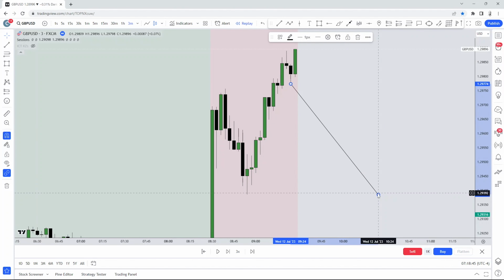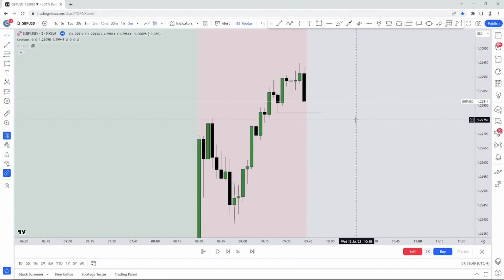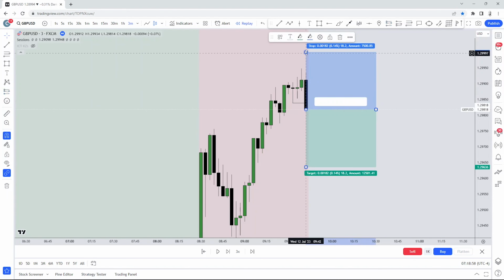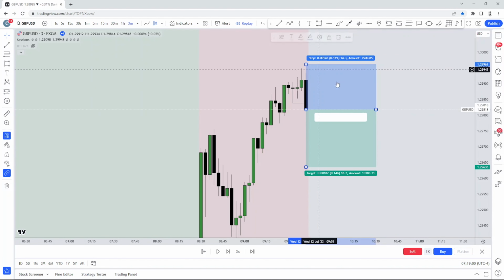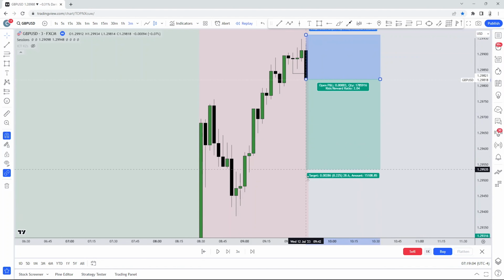Here though, we do have a low. This is a proper low, and this is another proper low now that I see it. So here we can take the trade right here with a stop loss right above the area, and we can go for a 3-to-1 RR.